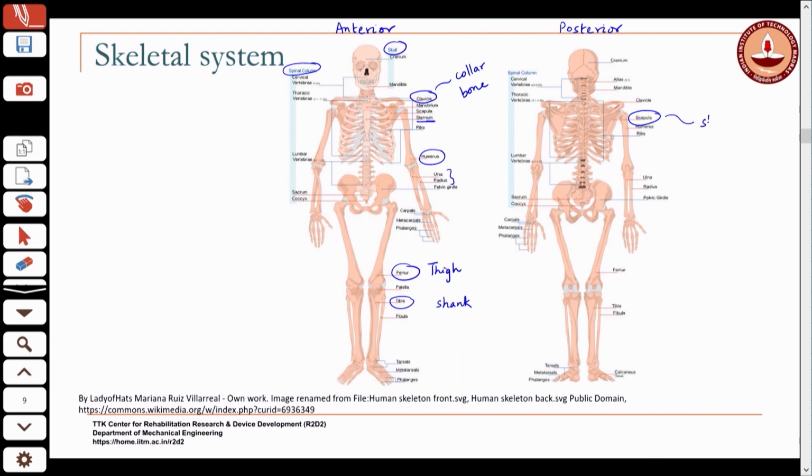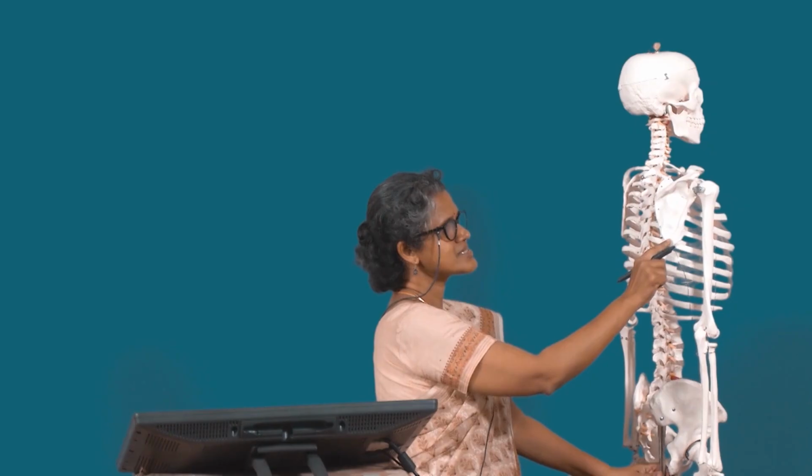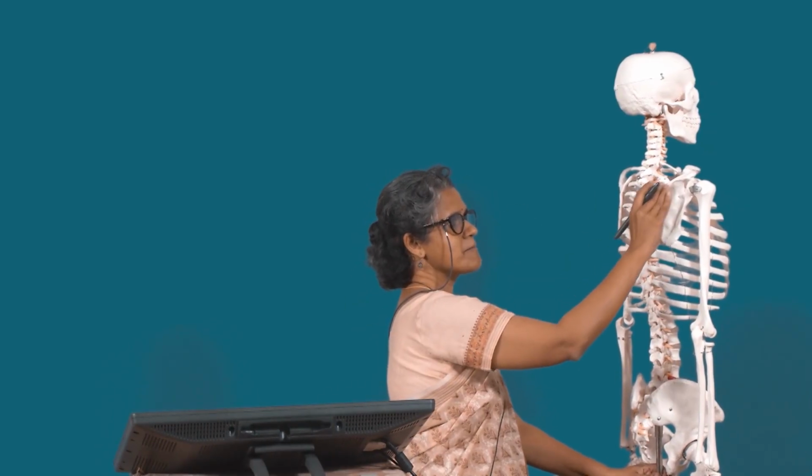This is what we normally refer to as the shoulder blade. You can see here, let me see if I can move this to give you a look of the posterior view. You can see this is the shoulder blade. You can feel this part, we call that the shoulder blade.